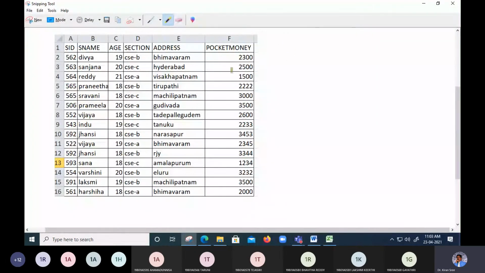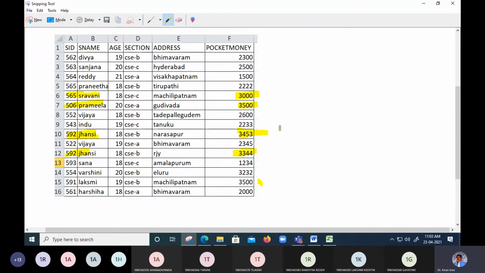The records greater than 3,000 will be 565, then 506, and Jhansi's record 592, because she has 3453. We should be getting one more Jhansi record here, and we are not working on primary keys, so we'll get duplicate values.